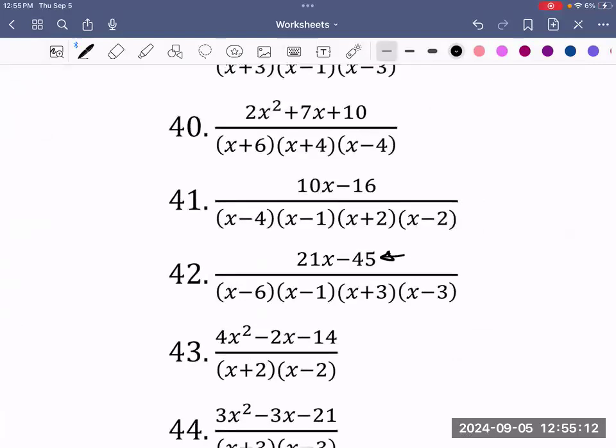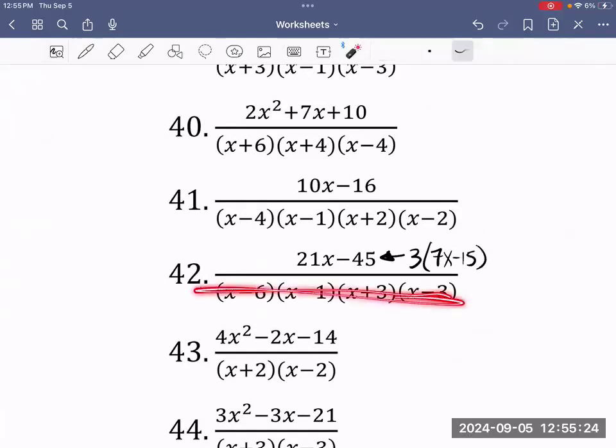You'll notice that they didn't factor out the 3 here. I would expect you to factor out the numerator as well, just because on the off chance that it does cancel with something below, you would be able to see it. Same thing here. You'll notice that some of your numerators still aren't factored out. These both have the 2 in common.